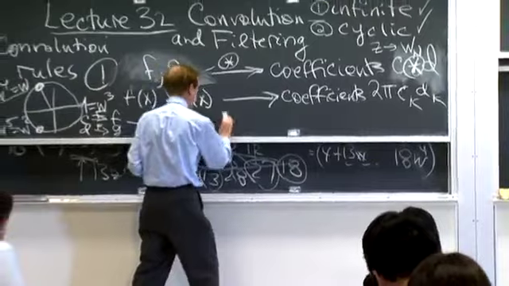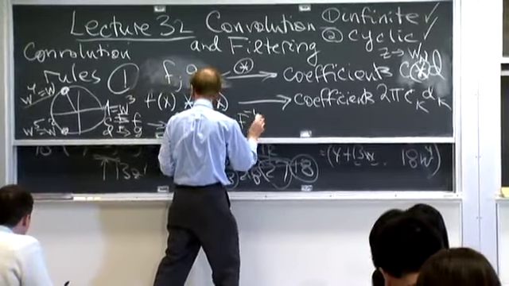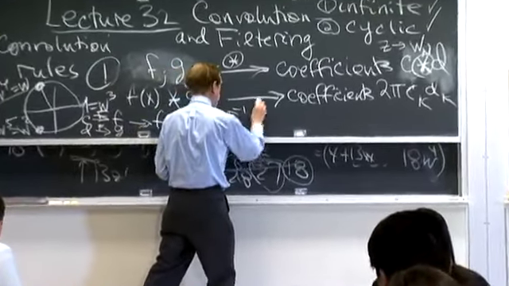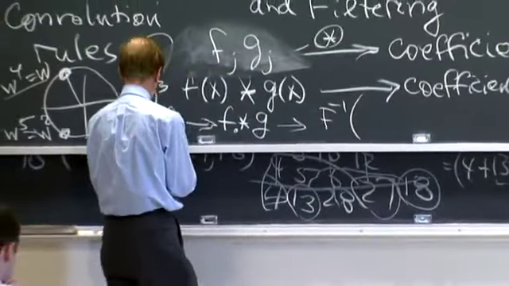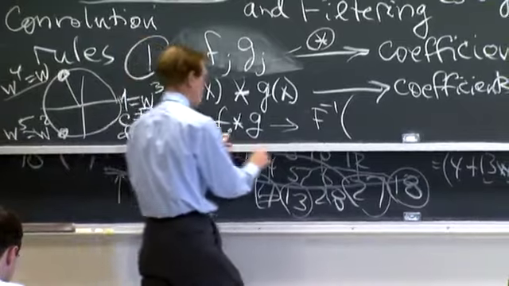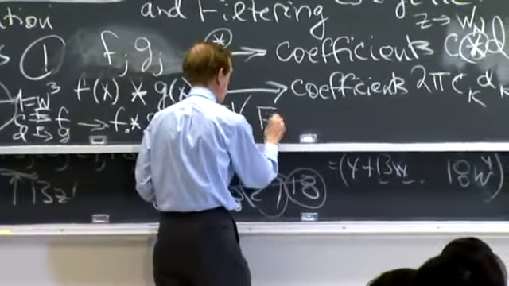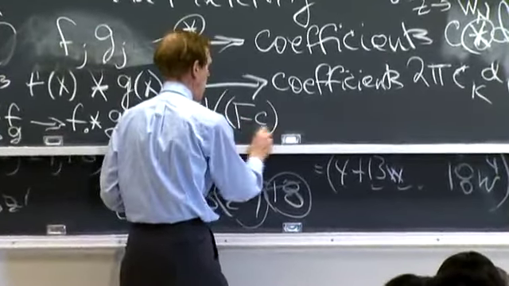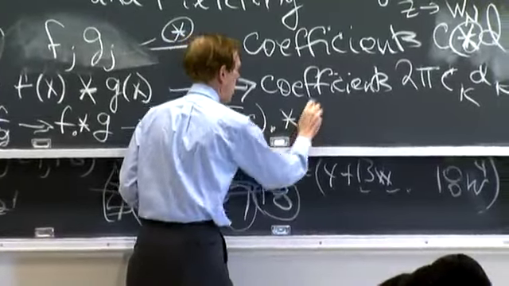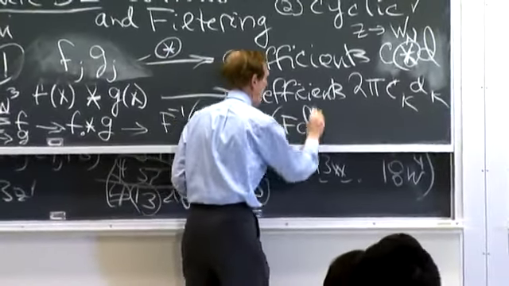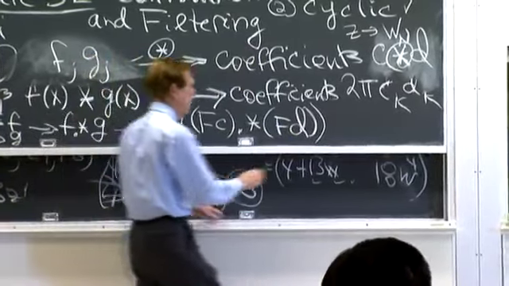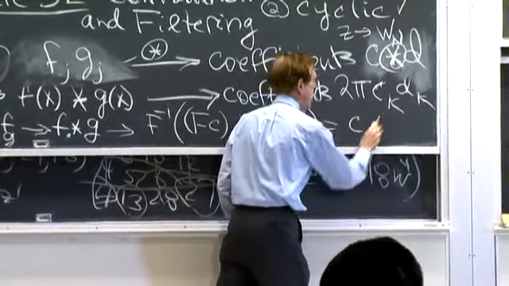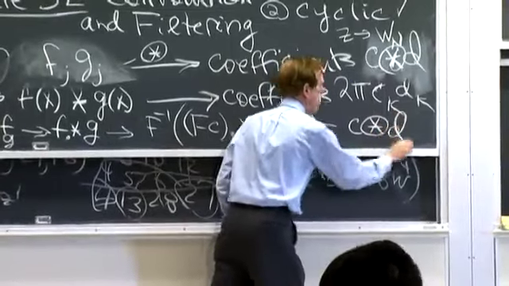So I do the inverse transform. Here's the formula then. I'm doing the inverse transform of F, so of the transform of C dot star the transform of D to get C convolved with D. Is that right?